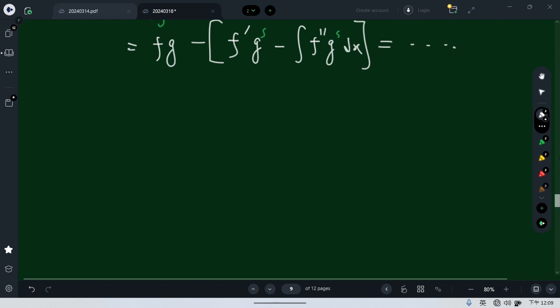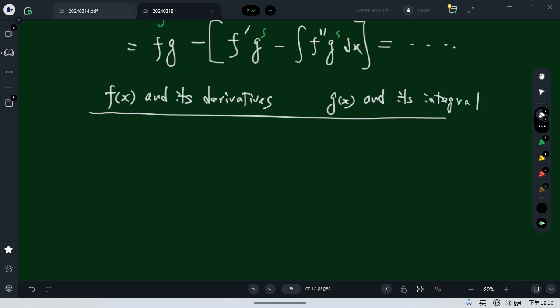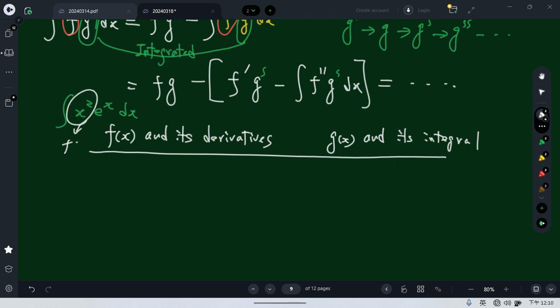So we just make a table. We show f and its n-th derivatives, then the second part is g of x and its integrals. So for example, if you face a problem like this one, we regard this one as f of x, this one as g of x.